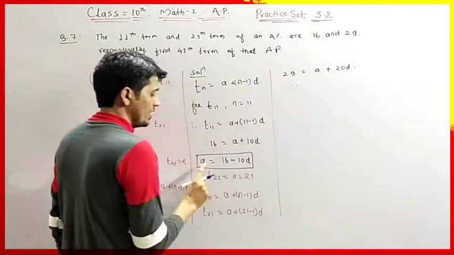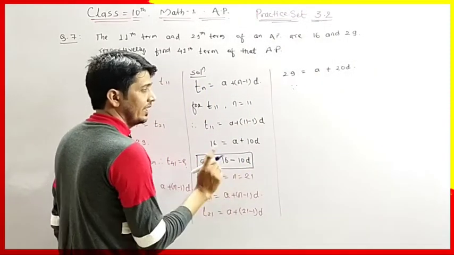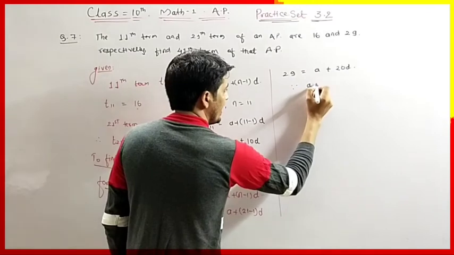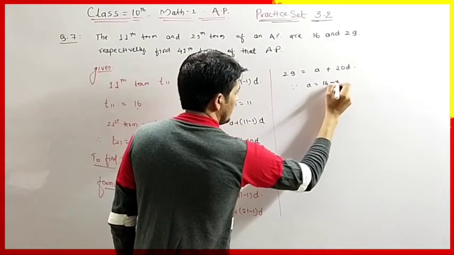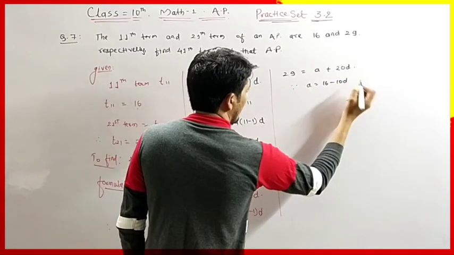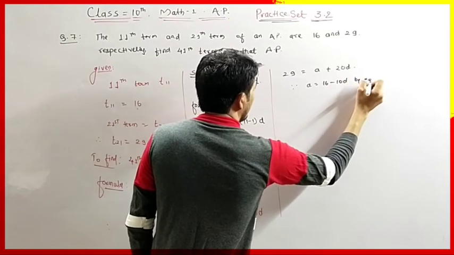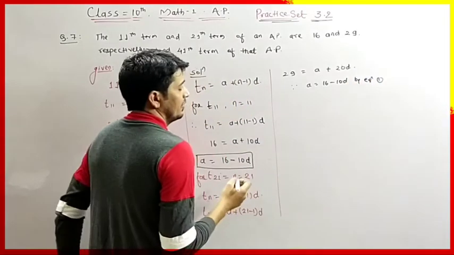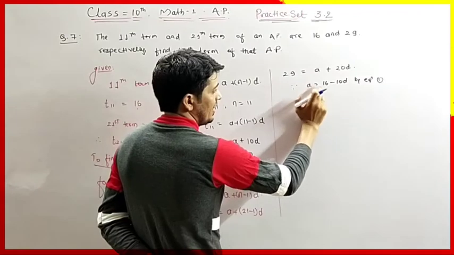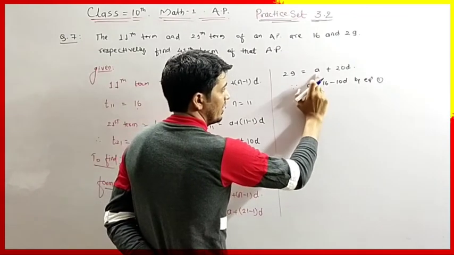Since a equals 16 minus 10d by equation 1, we have to replace this a equals 16 minus 10d over here.